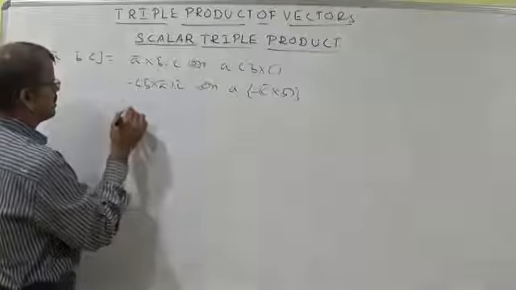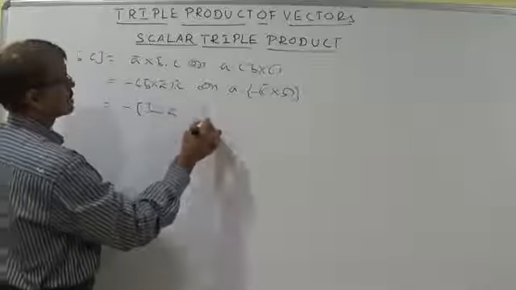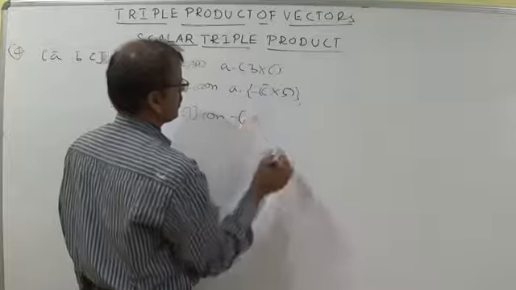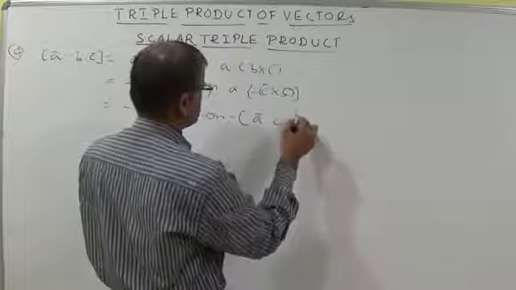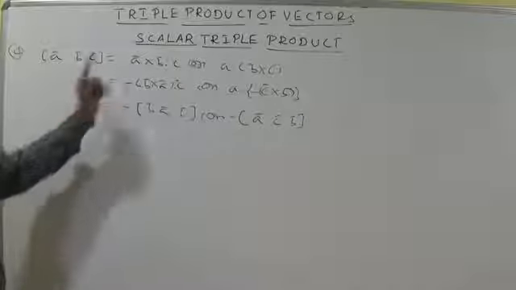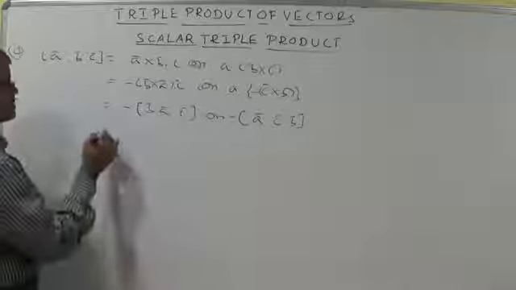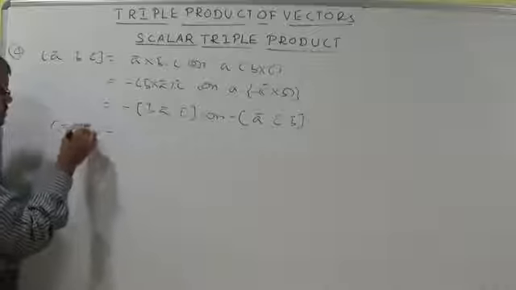So you can write here minus box BAC, and taking common, minus box ACB. So you try to understand that whenever you change two letters, it becomes minus. And whenever you change three letters completely, it becomes minus of minus.